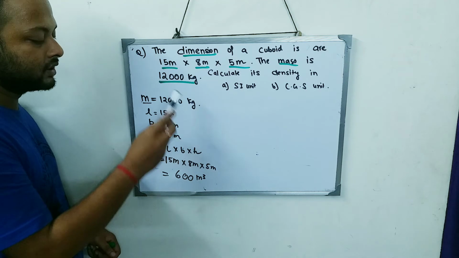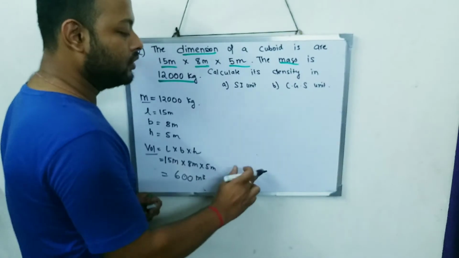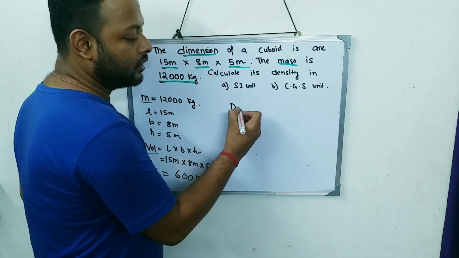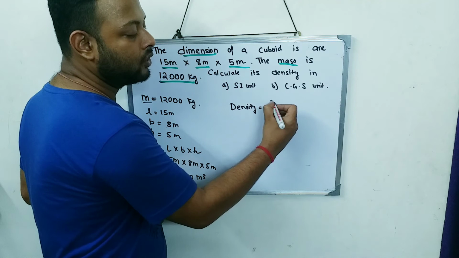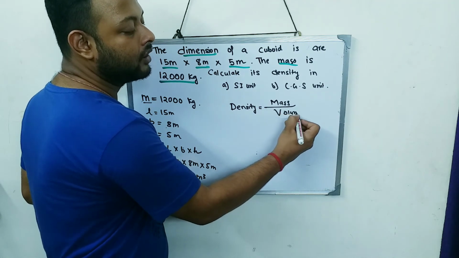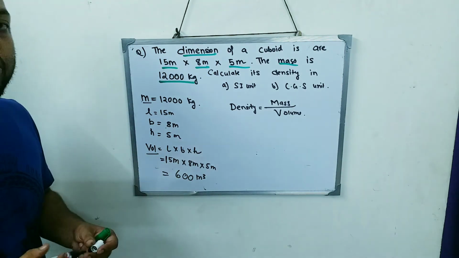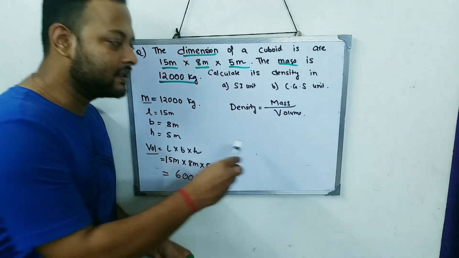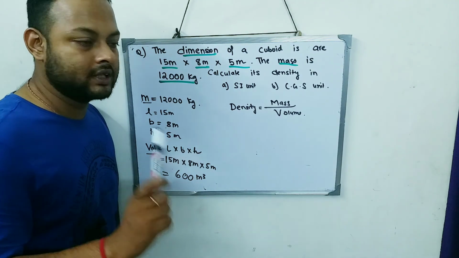And I'll put the values over here. Density is equal to mass by volume. Now, before you start substituting the values, think about the answer that I will get, in which unit will it come, SI or CGS?